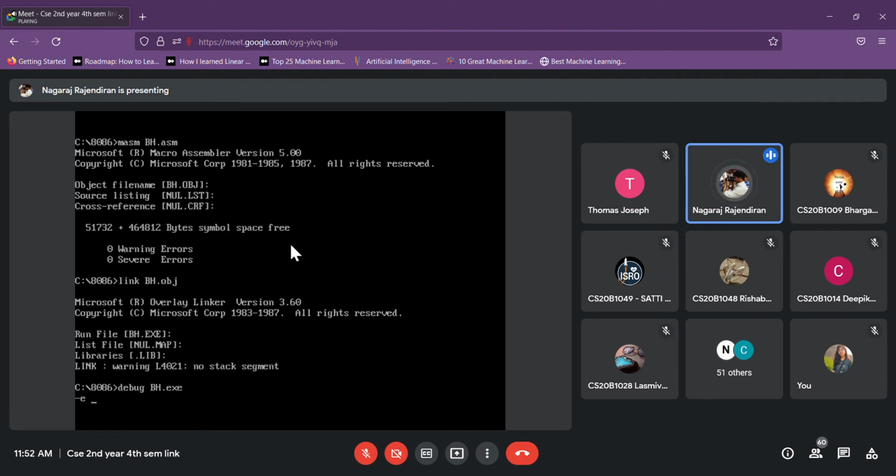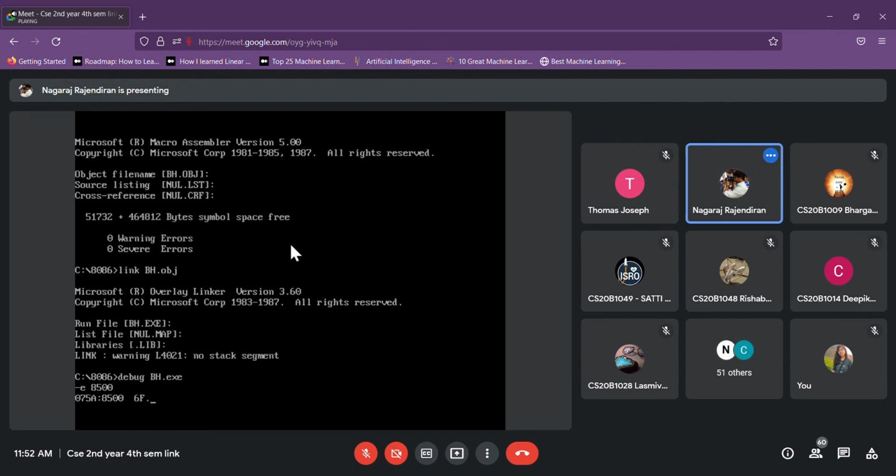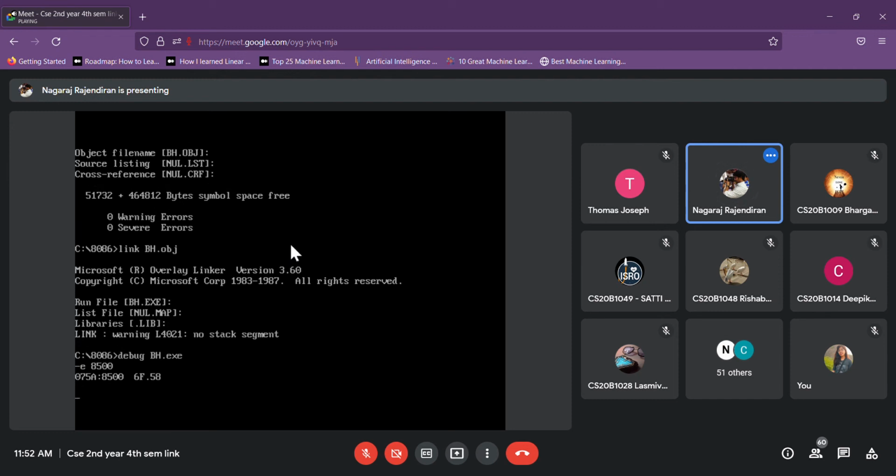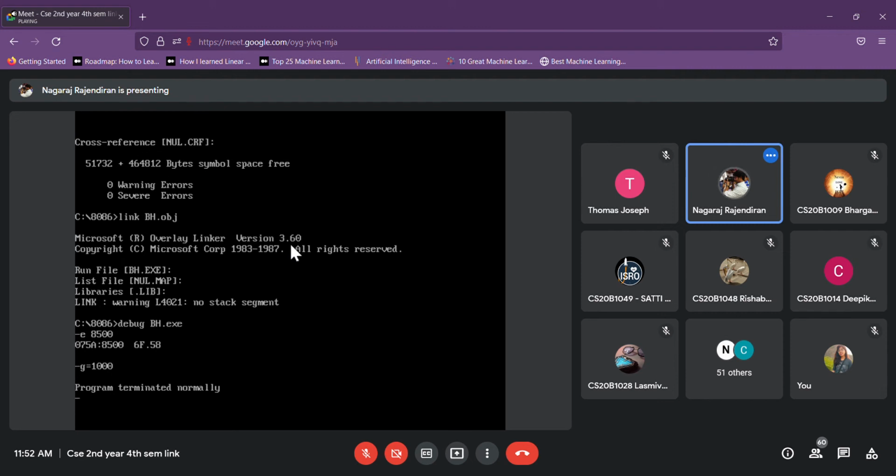Then we are giving a value. For example, in 8500 the first value is 58. This is your input. 58 is a decimal number, an 8-bit decimal number. Then we run the program and see the results.